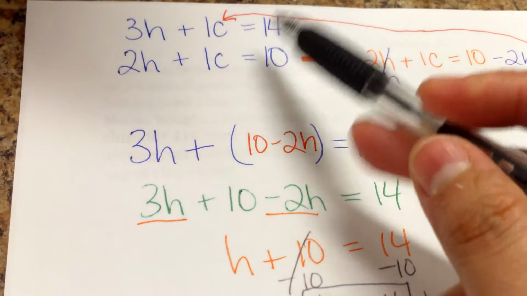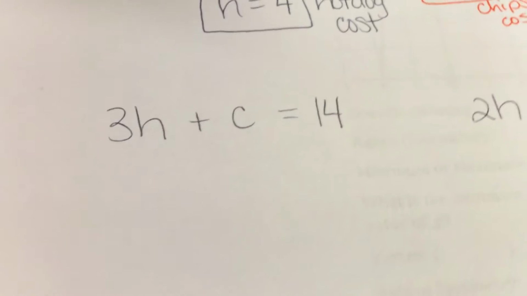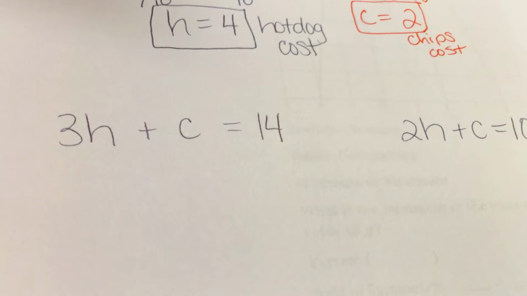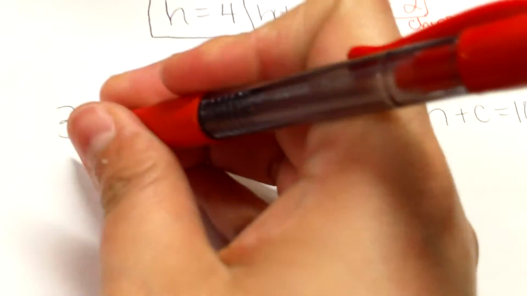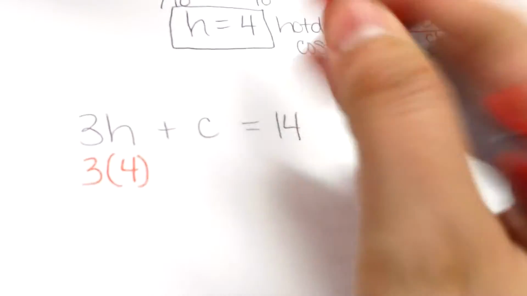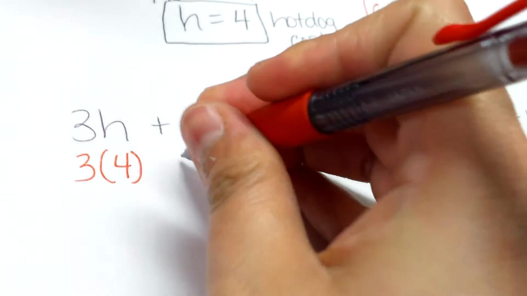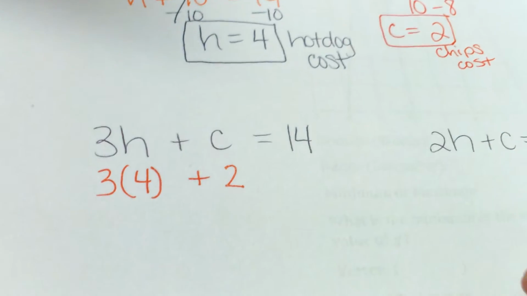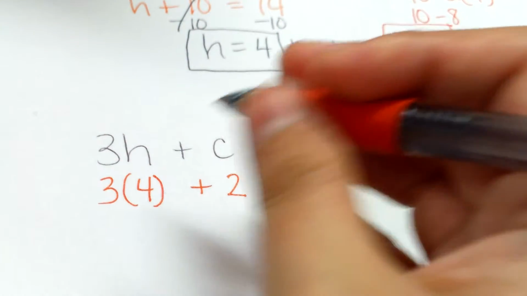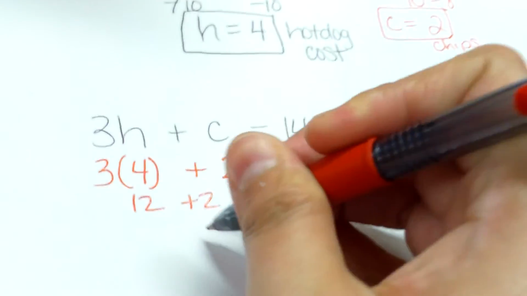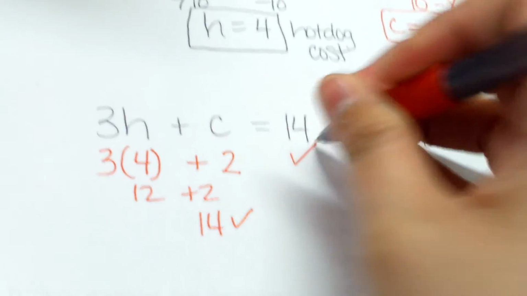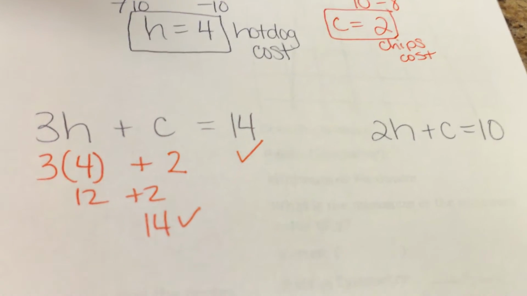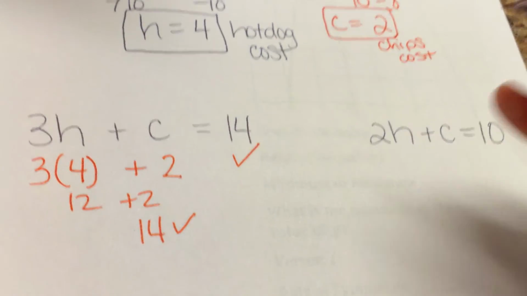These two. And we're going to check to see if we got them right. So here I have 3 times 4, because that's what hot dogs are, 4, plus C, 2, should give me 14. Let's check. 3 times 4 is 12. 12 plus 2 is 14. Yep. So we got that part right. But we need to check the other one too. Just because it works for one of them does not mean that it's going to work for the other one. We still need to check our answer.